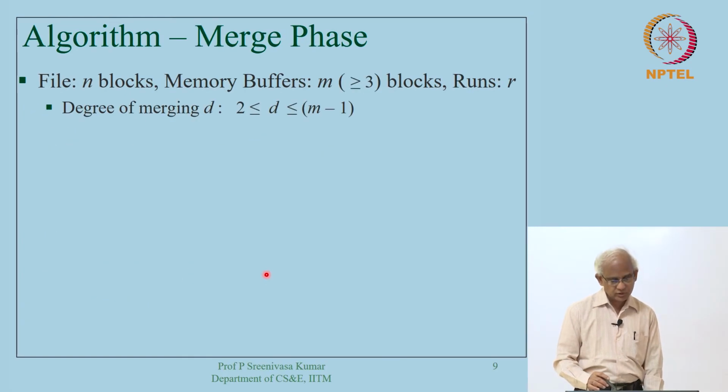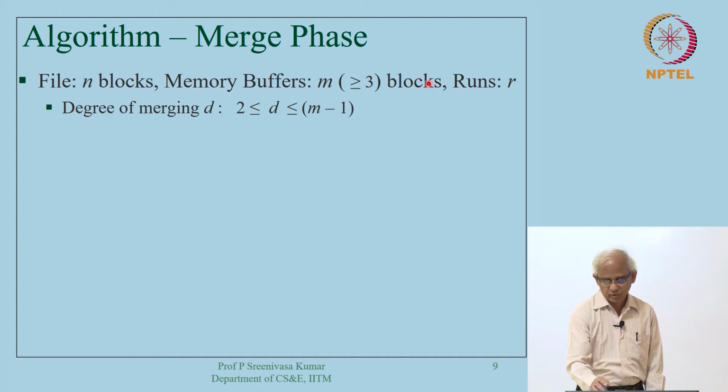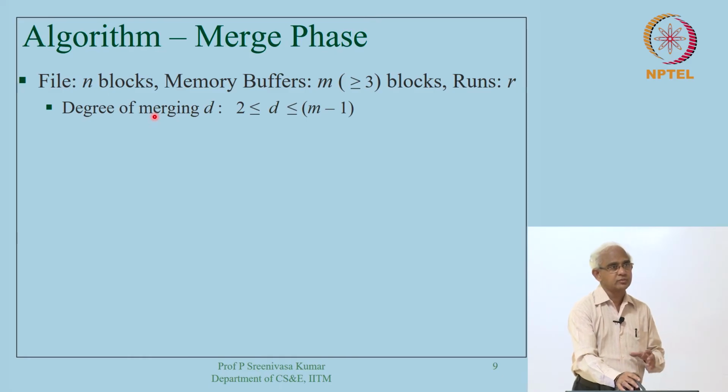Okay. So, let us focus on merge now. So, if the file has n number of blocks and the memory buffers are m, which is at least 3 blocks or so, and the number of runs is R, then in the in-memory case, we always merge 2 things and then produce 1.